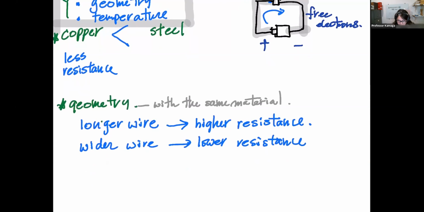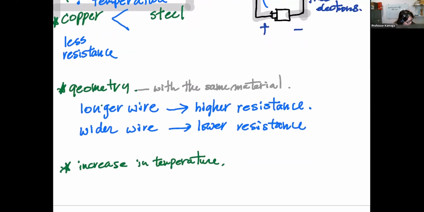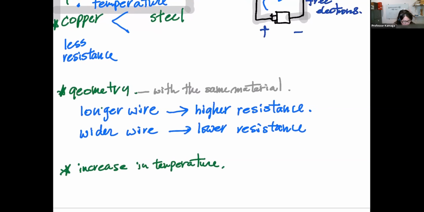Next, increasing temperature. If you increase the temperature, it's almost like those rocks in a river.